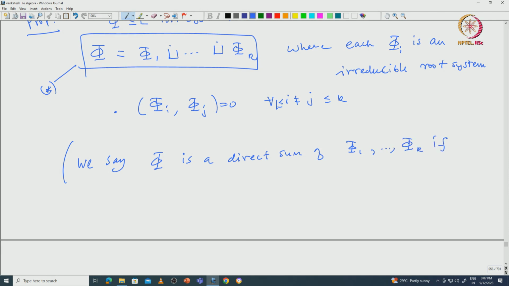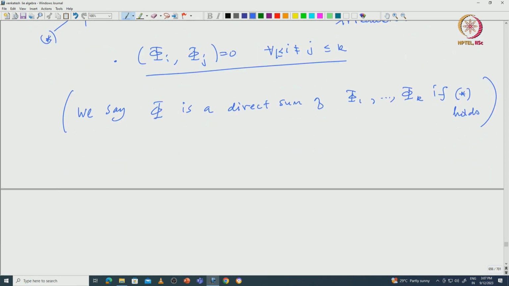Of course, star means both that each phi i is irreducible as well as the inner product of phi i and phi j equal to 0 whenever i not equal to j. In that case, we say phi is a direct sum of these irreducible root systems phi i.